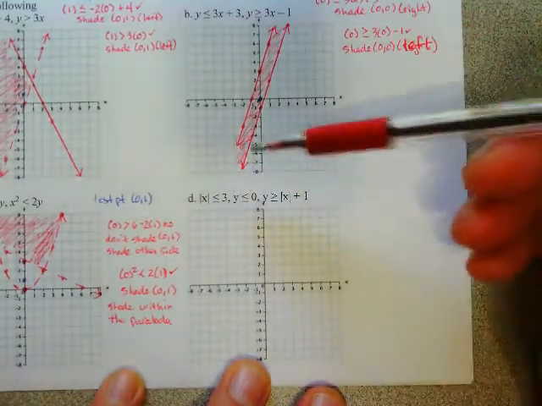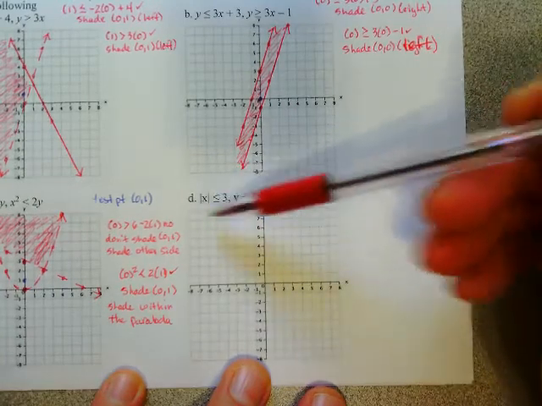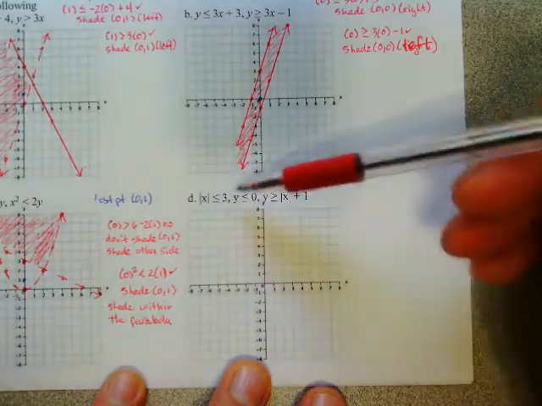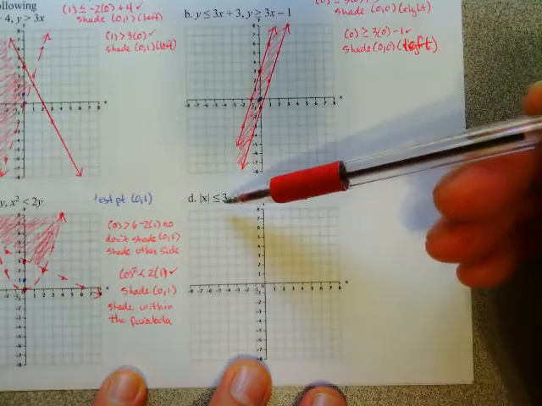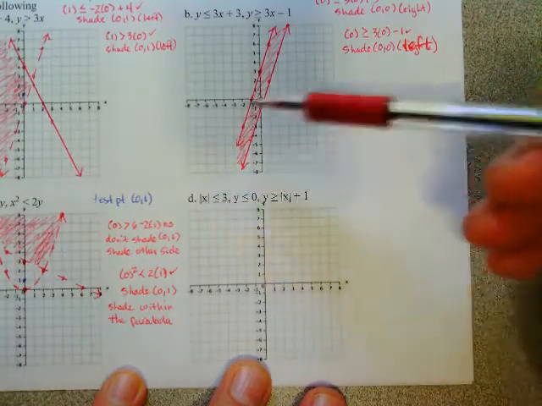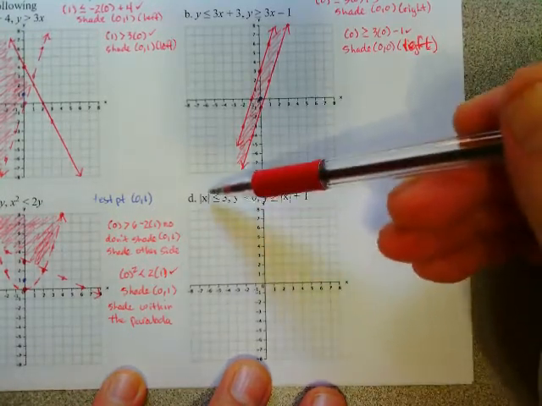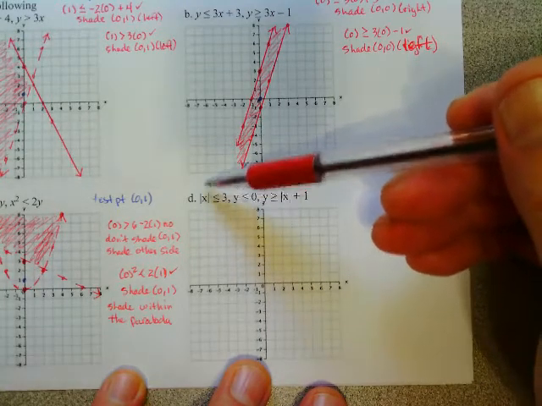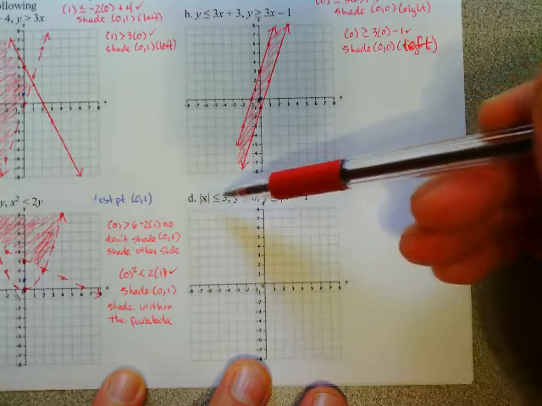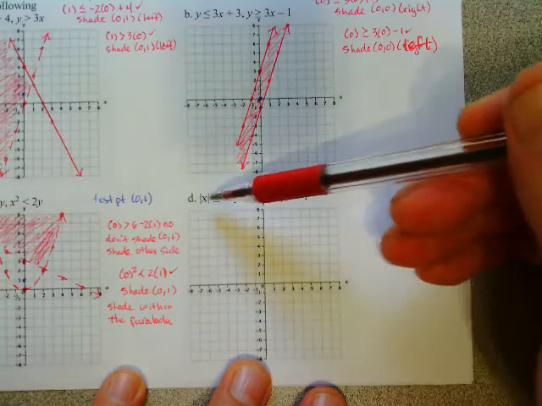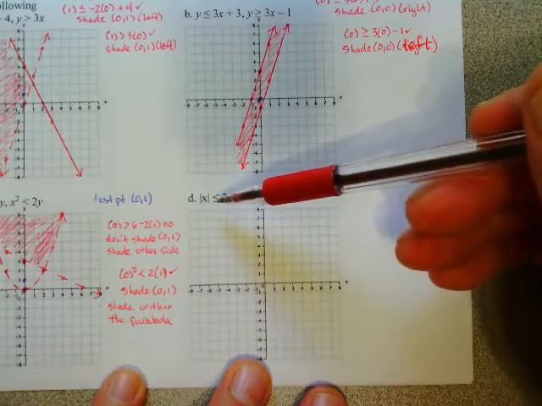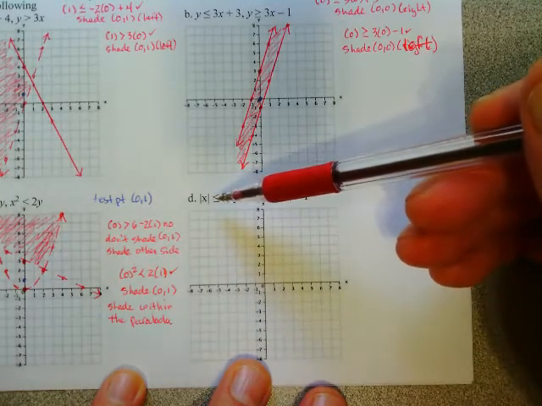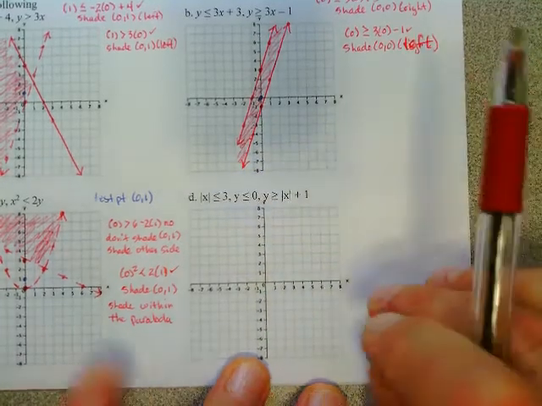Now actually, since this is not y equals absolute value of x, this is not going to be V-shaped. All we've got is just the x. So anytime you have just one letter, it's a straight line. Since we have an inequality, it's going to be between two straight lines. And since this involves x, the two straight lines are going to be vertical.